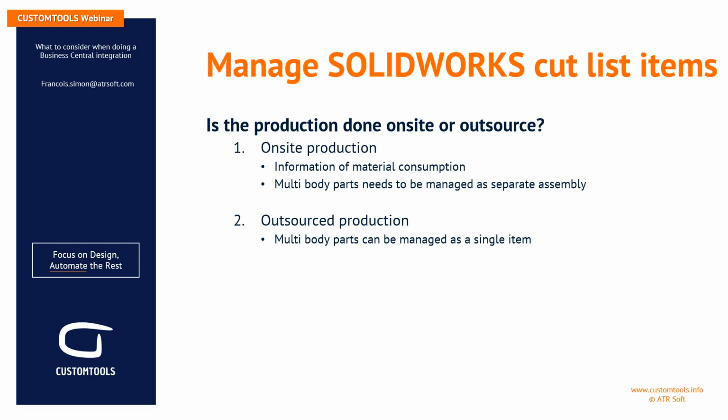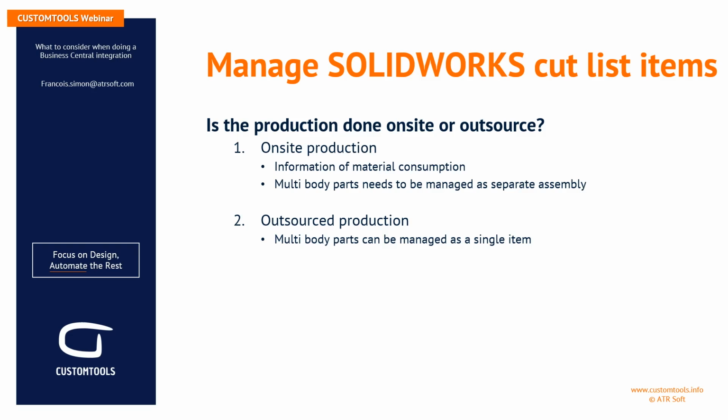Or then the second option is to treat the multi-body part as a single item, similar to how we handle single body parts. The choice of which option is more appropriate depends on how the production of the multi-body part is handled in your company. If the production is carried out on site, you will likely want to manage material consumption and create a dedicated bill of material for the multi-body part.